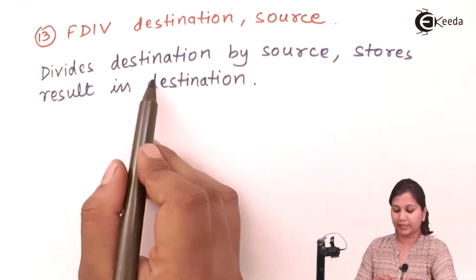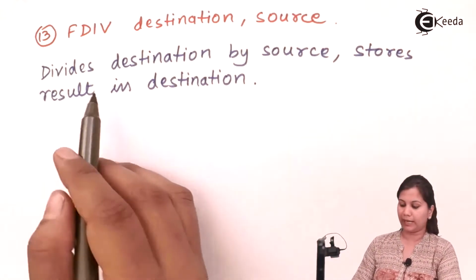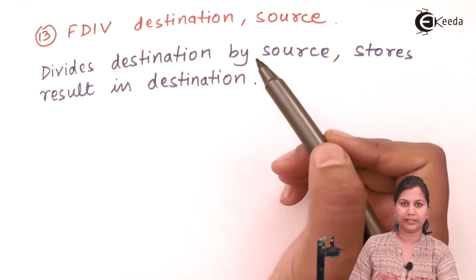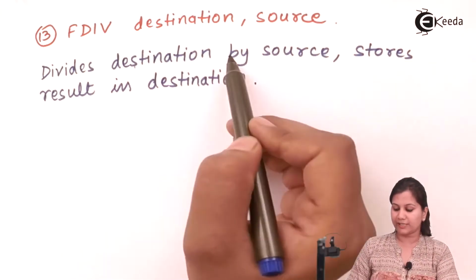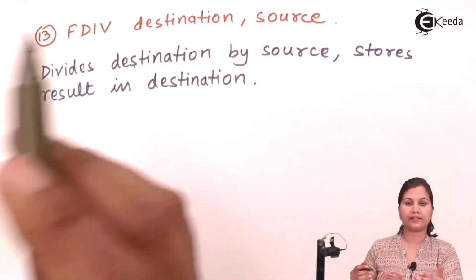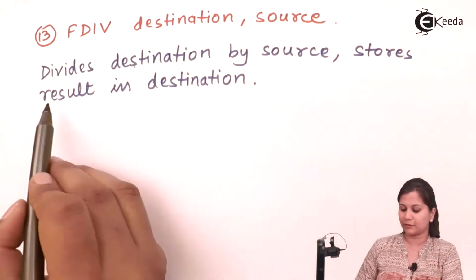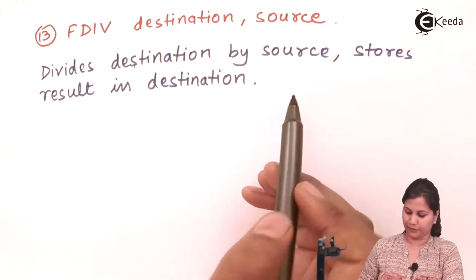At the destination we have a real number, at the source also a real number. So the destination is divided by the source, and the result of this operation is stored in the destination.